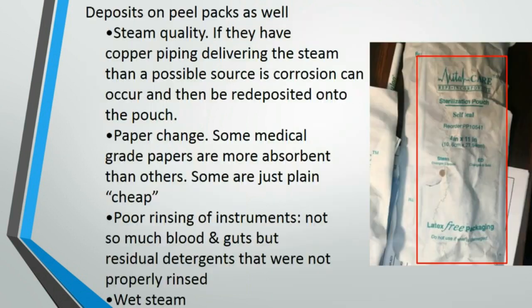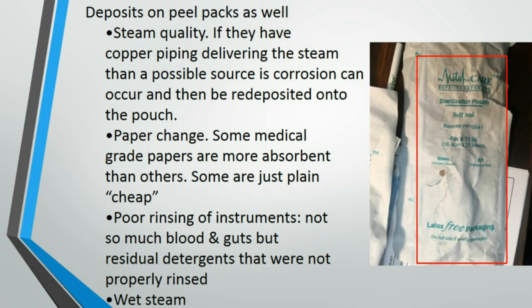So do you have deposits on your peel packs? That's the paper where the steam comes through. There are telltale things you can start to look for, and they should make you say, maybe I should look at my water quality.